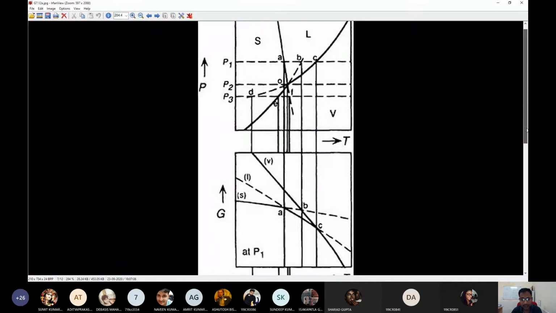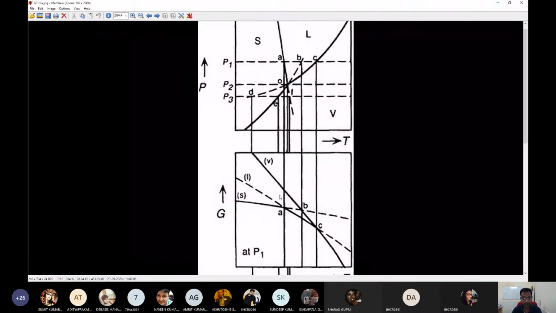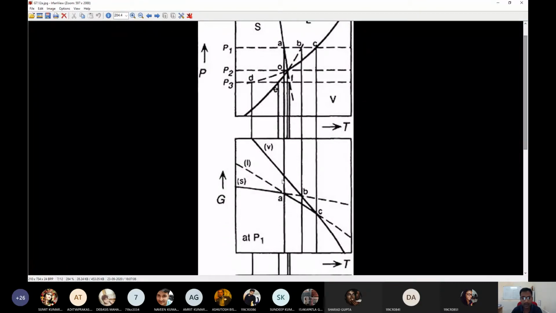Now, you can see here that it's typically the molar free energy versus temperature kind of curve or plot. And you have seen many such plots where we have plotted the free energy change with temperature.